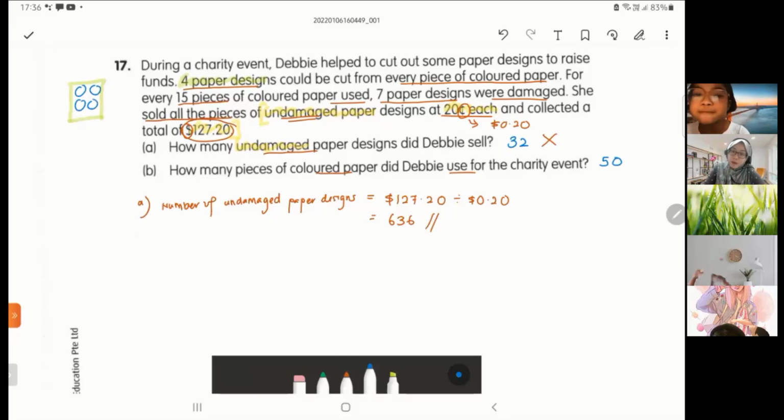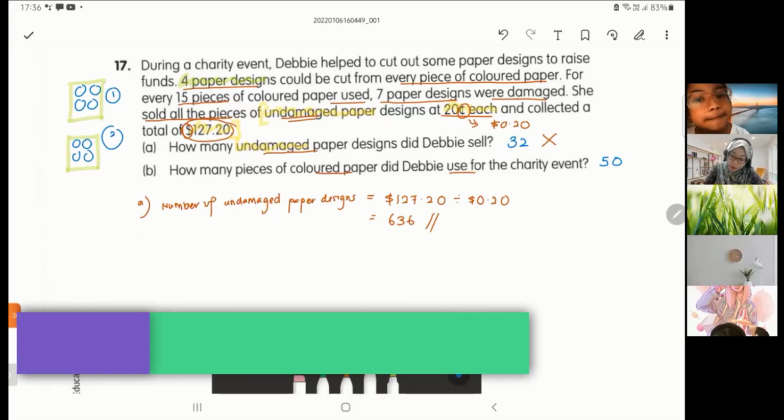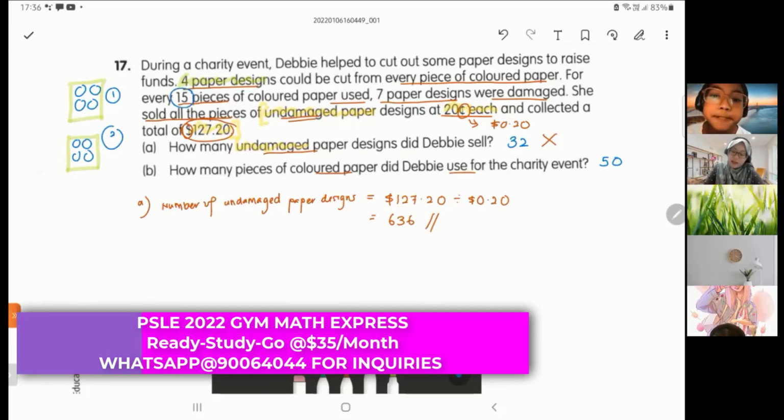That's what it meant. For every 15 pieces of colored paper used, this is 1 piece, right? Then I have the second piece, the same thing, 1, 2, 3, 4. This is the second piece. Again, the same thing. It will repeat until you get 15 pieces.